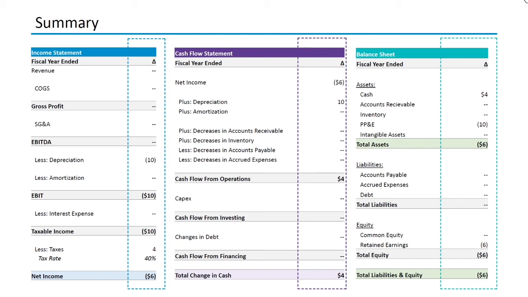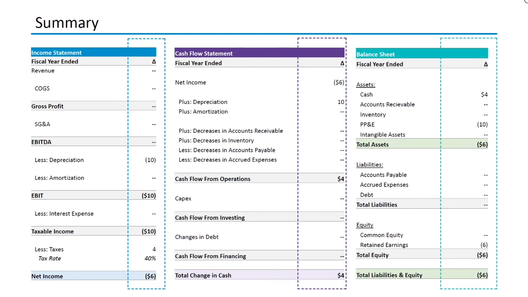And going to the balance sheet, cash increases by $4 as we just discussed, but our property, plant, and equipment decreases by $10, given depreciation lowers the amount of property, plant, and equipment, causing total assets to decrease by $6.